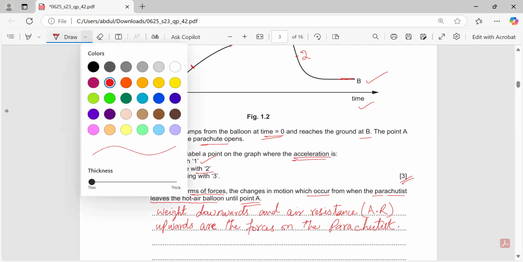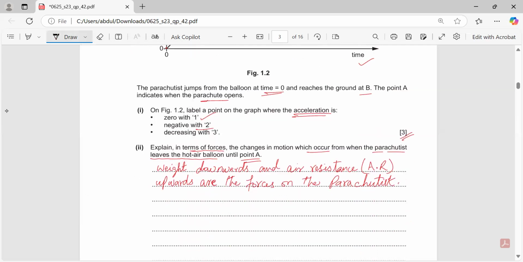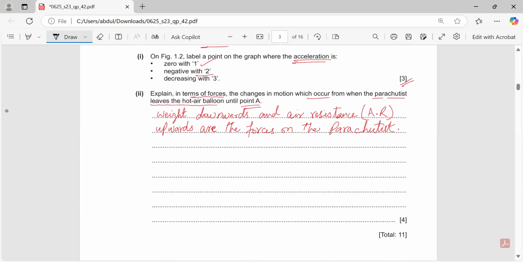So for the next mark, I will choose another color so that it is differentiated.